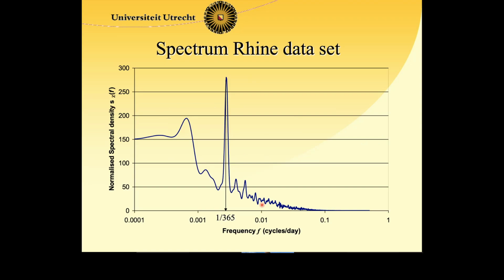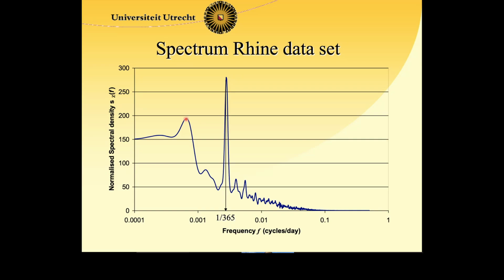Then finally, this is the spectrum of the Rhine data set. Obviously, you can see that there's a spike at once every 365 days. And there's actually also a spike at a frequency of once every 4 to 5 years.